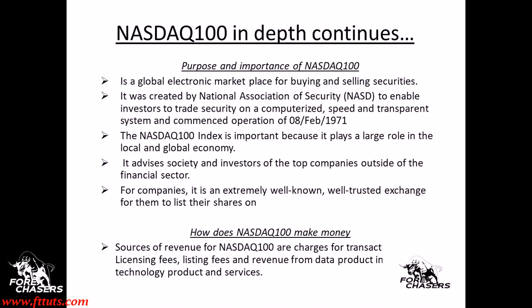So we have licensing fees and listing fees. Listing fees are probably what companies listed on Nasdaq pay, and you must have a license to be listed on the Nasdaq. So they charge you for that, and there is revenue from data products, technology products, and services.